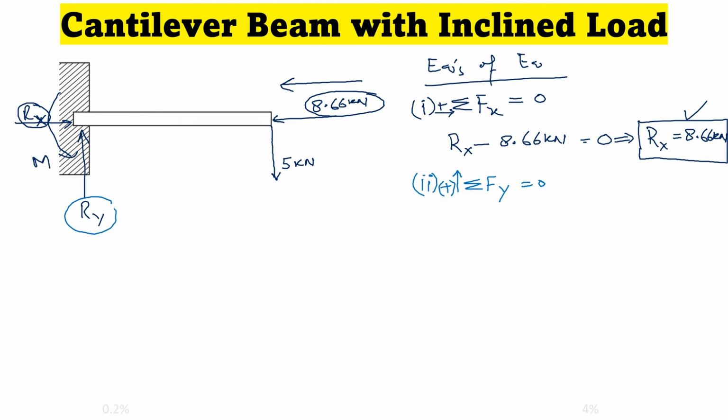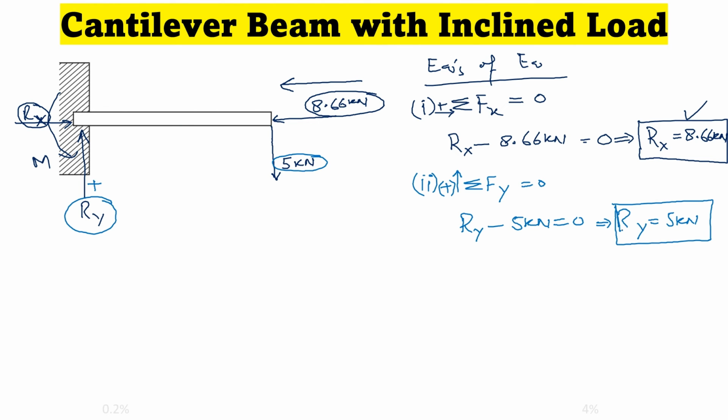We can say here that Ry is acting upwards, so it is positive. Simply we will write Ry, and along the length of the beam there is no other load except this 5, so we will write it as minus 5 because this is acting downward, equal to 0. So if we solve this equation we will get that Ry is equal to 5 kilonewton.